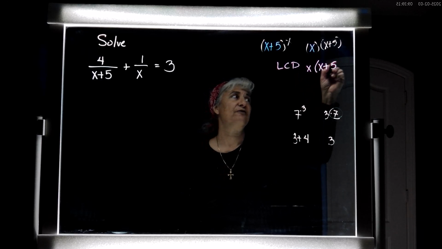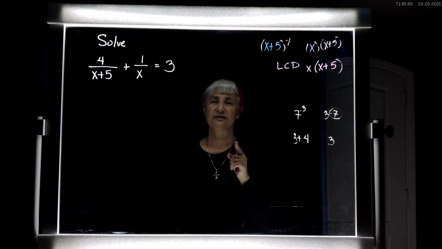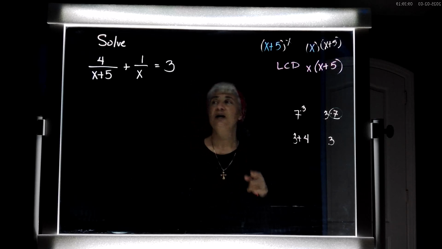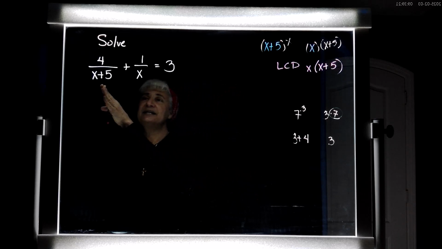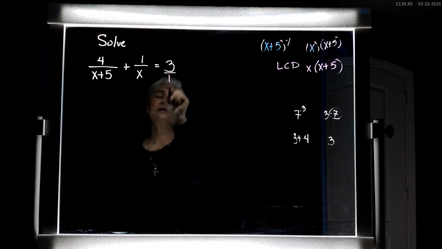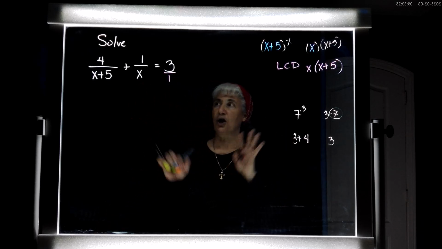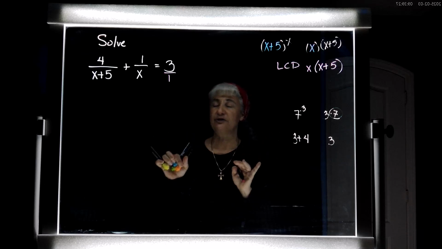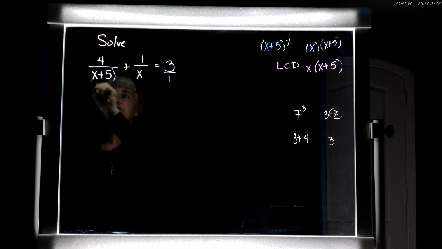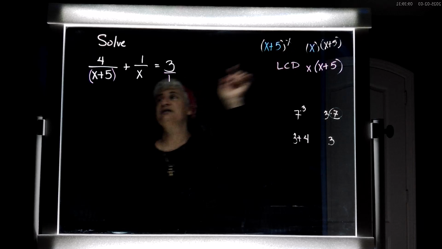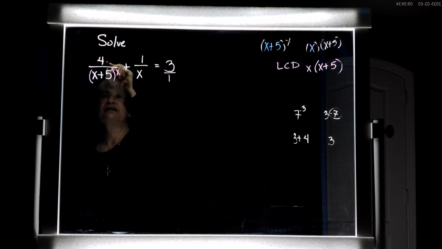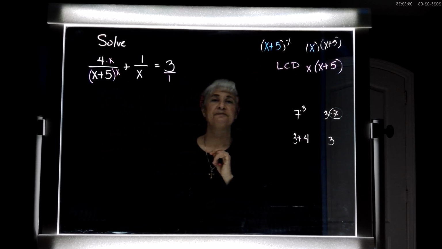x plus 5. Good? Okay, so now that means I need each of these denominators, and yes, even this one, because I have to do it to both. I want all 3 of these to have the same denominator. That means the first one is missing an x, so we're going to multiply by x, top and bottom.